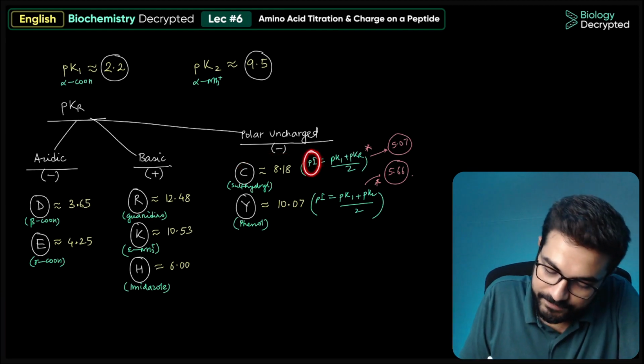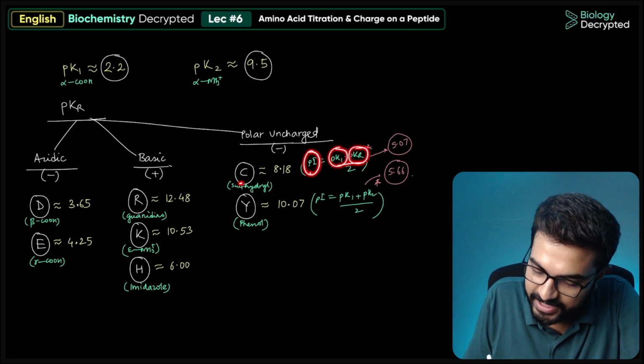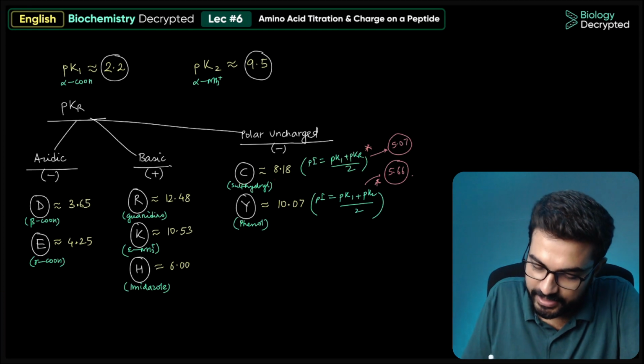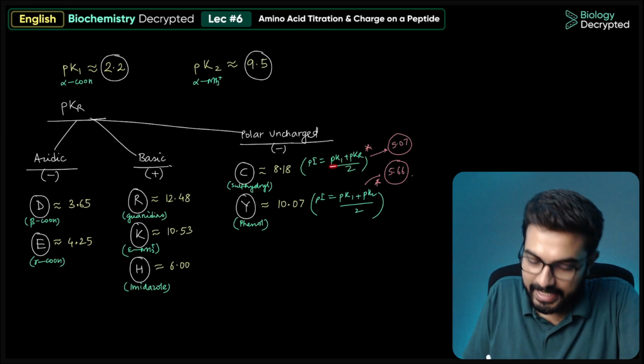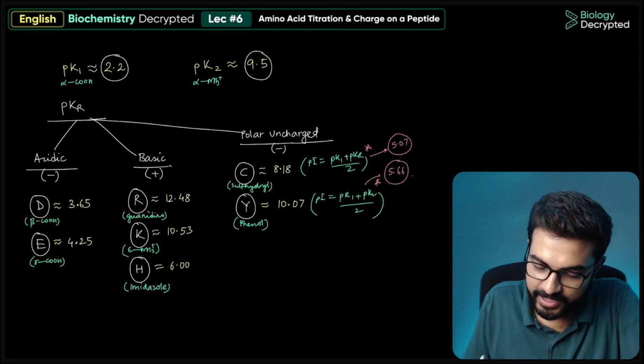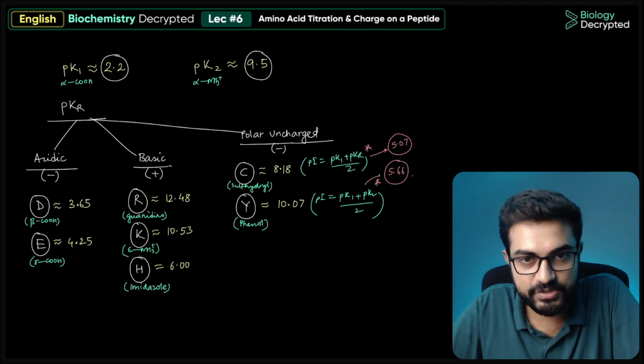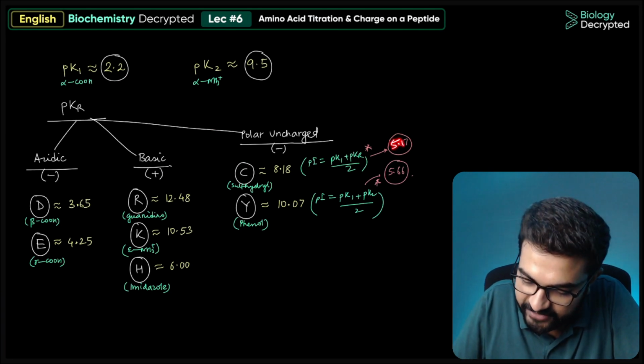For cysteine, for pI calculation, you will take pK1 plus pKr divided by 2, the average of pK1 and pKr, and the value you get is approximately 5.07, the practically calculated value.